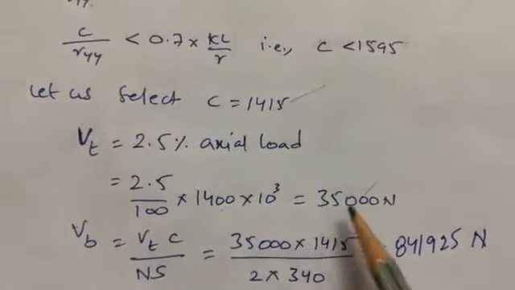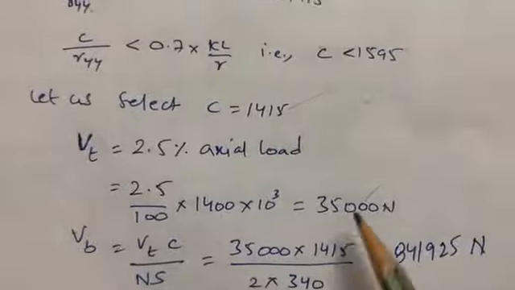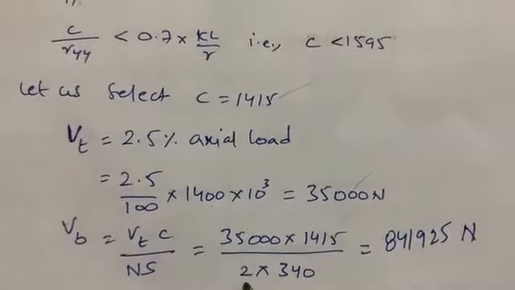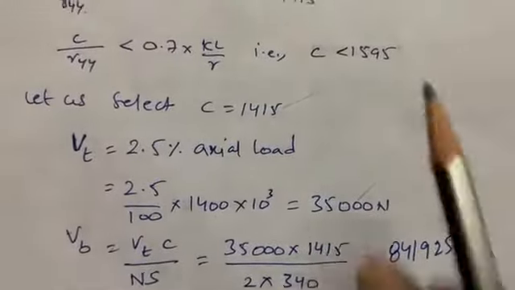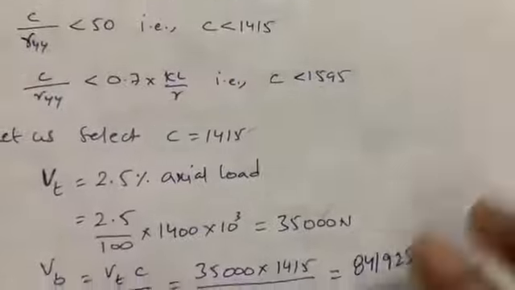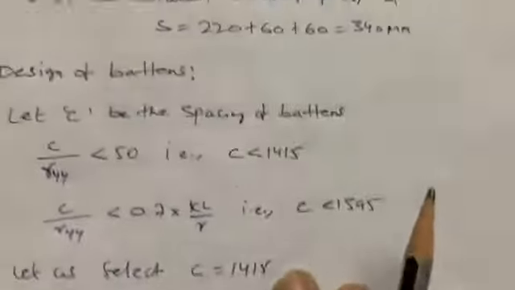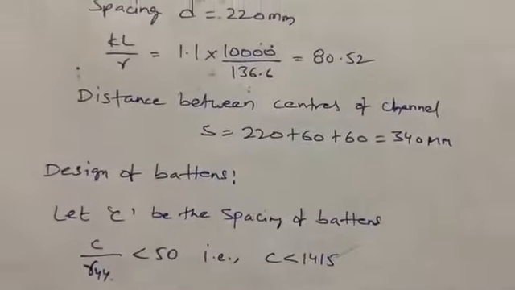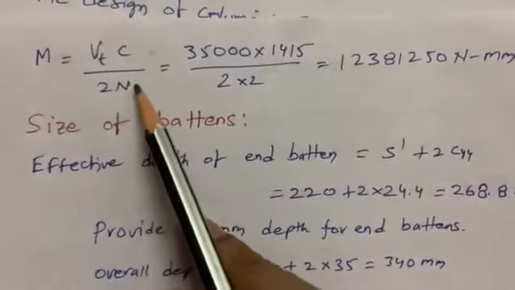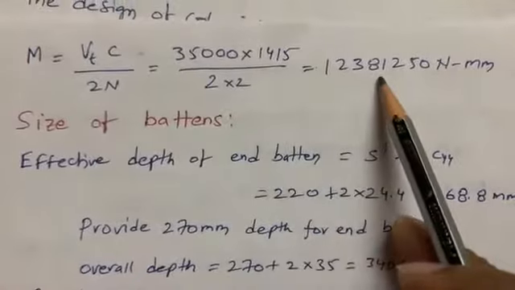So VT value we know is 35,000, C is 1415 which we selected, N is the number of parallel planes, that is 2 parallel planes, and S value is 340. Like that I calculated the VB value, I got this one. After that we need to find out the moment value. So moment M equals VT C by 2N, I got this value.